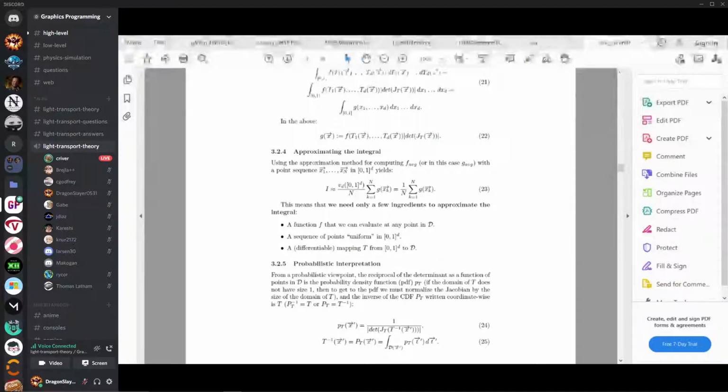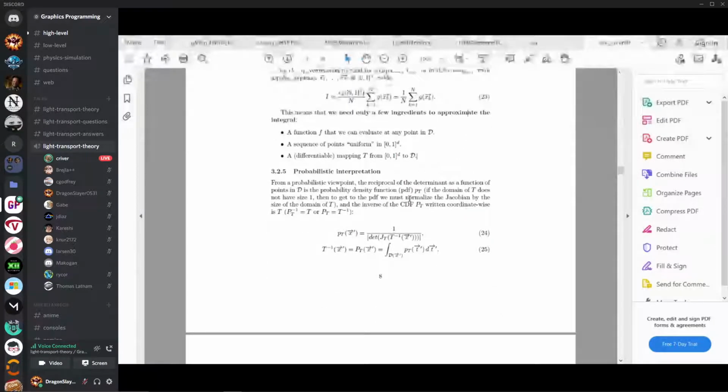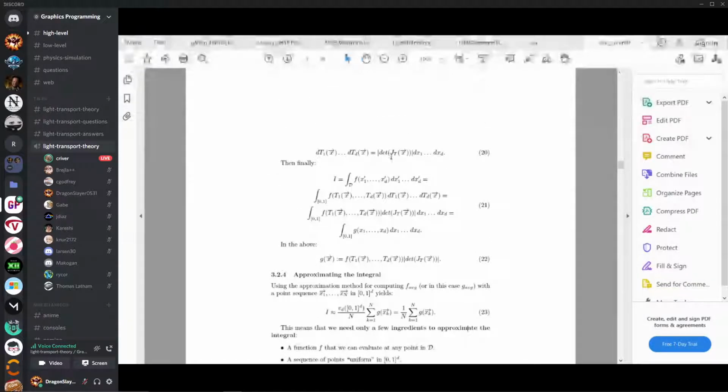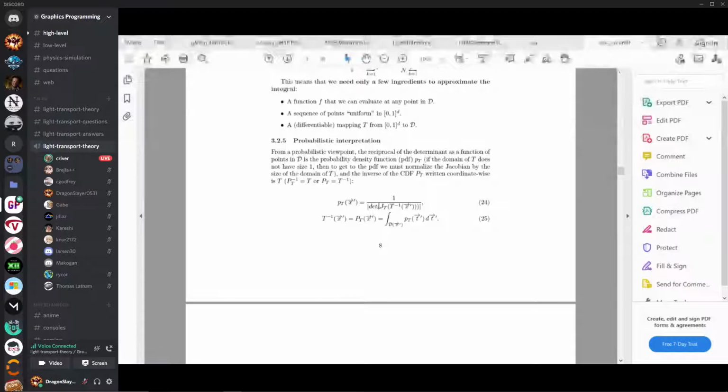Okay, if there are no questions, let's continue to the probabilistic interpretation of this. Probably what you've seen for the most part in the book is the relationship between this Jacobian here and the probability density function: it's 1 over this Jacobian, with respect to the old parameterization, so with respect to points in D. So it's just a reciprocal relationship.